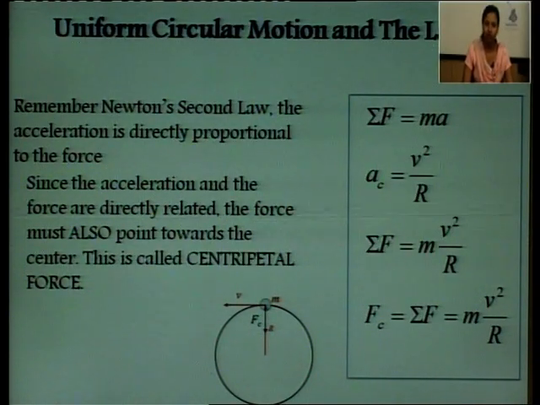So, the total sum of forces is equal to m after substituting the value of a_c, v²/r. So, the centripetal force is mv²/r, where v is the velocity, r is the radius, m is the mass of the body, and Fc is the centripetal force, which is always acting towards the center and along the radius.